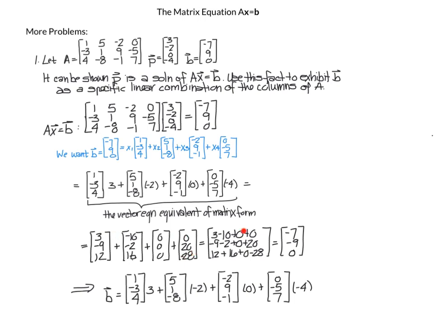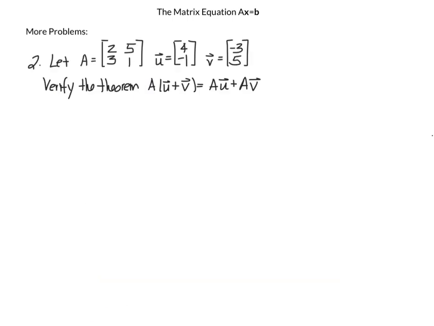And then when I add these all together, I do get my vector minus 7, 9, 0. So I have verified that these coefficients, 3, minus 2, 0, 4, do in fact give me the solution I want. And again, this was just the verification by multiplying everything out to see that it actually does work.